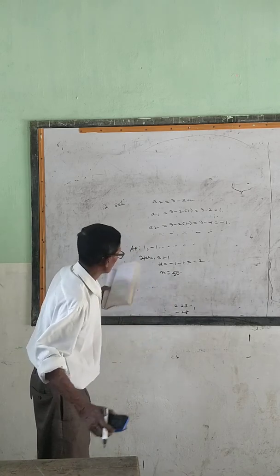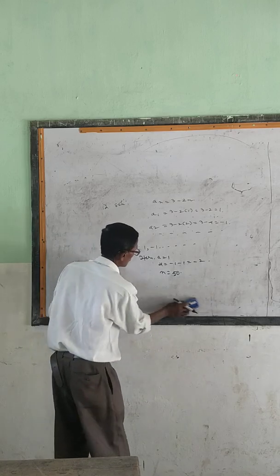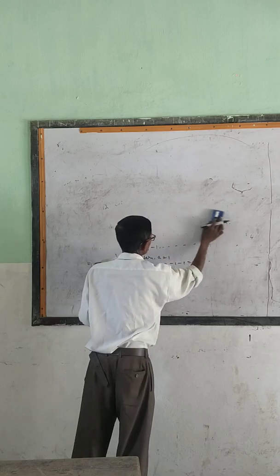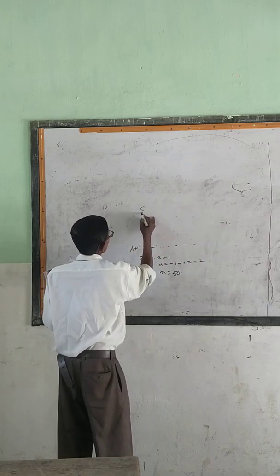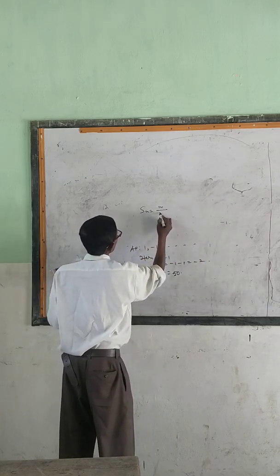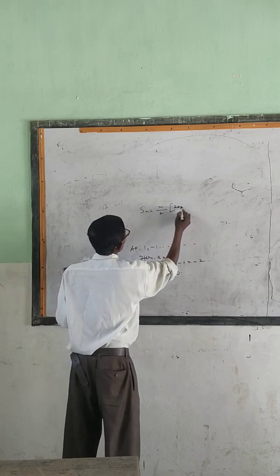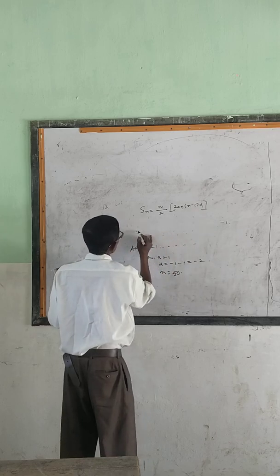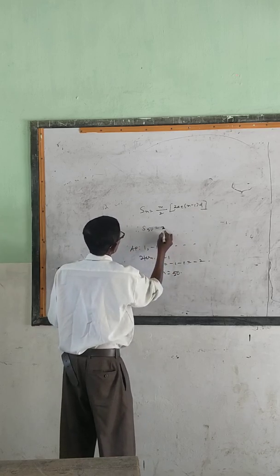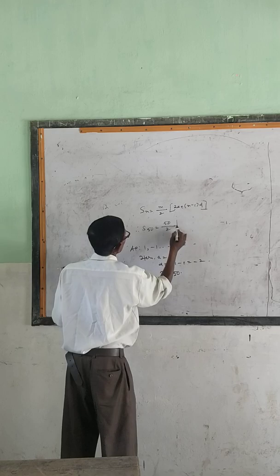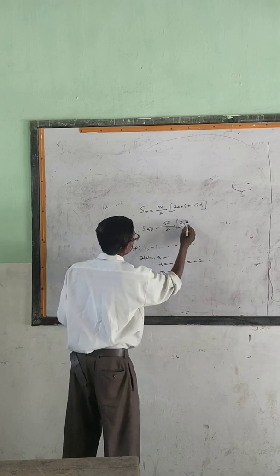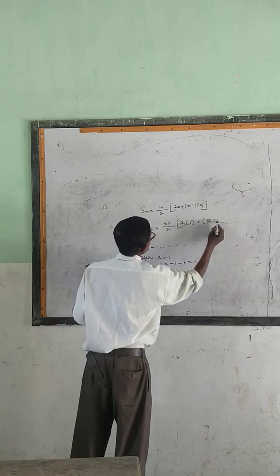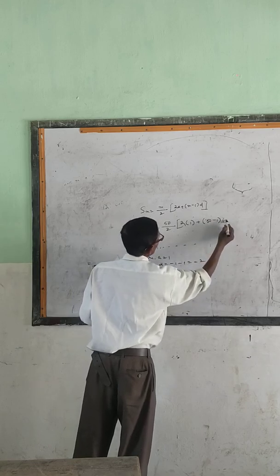So we have to apply the formula: Sn equals n by 2 times (2a plus (n minus 1)d). Therefore S of 50 is 50 by 2, times 2 into a, which is 1, plus 49 times d, which is minus 2.